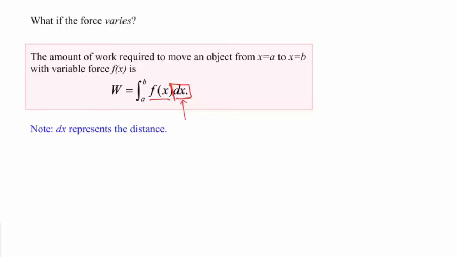And then we'll add up all of those little bits of work to get our total work. So we're going to have a little bit of work being your force at a particular point x, let's call it x_i bar, times the distance of that little tiny section, Δx, and that gives you your little tiny bit of work. And then if you integrate this expression, that adds up all the work.